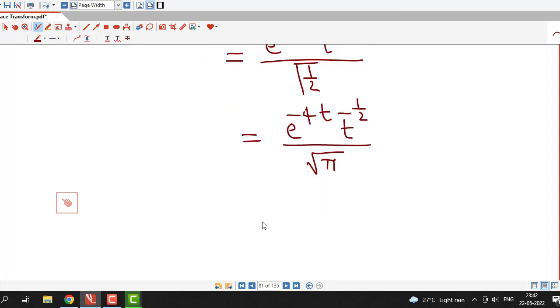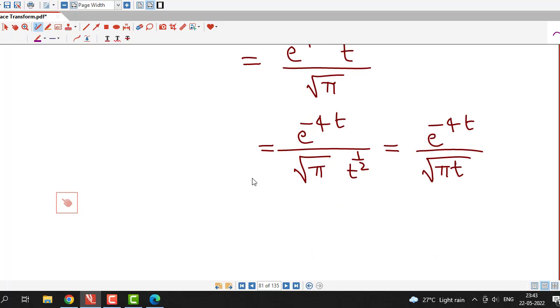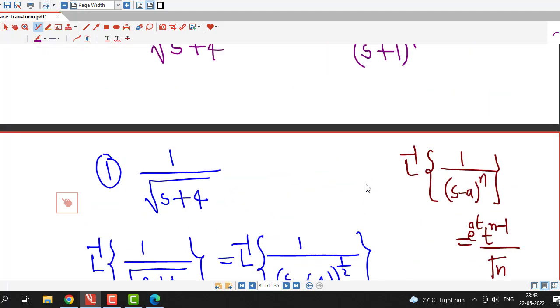This we can rewrite as e raised to minus 4t divided by square root of pi times t raised to 1 by 2, and if we wish we can write it in this way also: square root of t is t raised to 1 by 2, so we have square root of pi times t. So this is very easy, you just have to remember this formula.